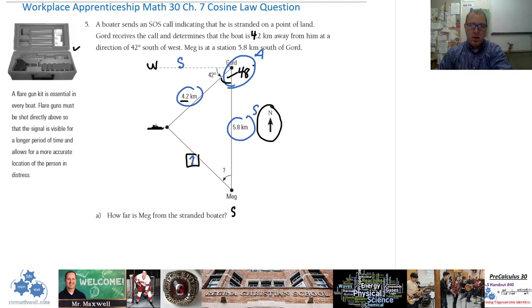All right, no problem. I'm going to make this little m for Meg's distance from the boat. So the cosine law, we start off with m squared.